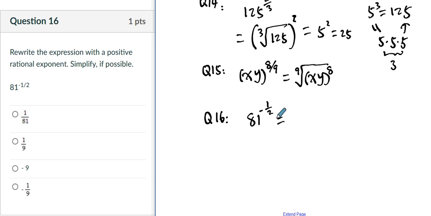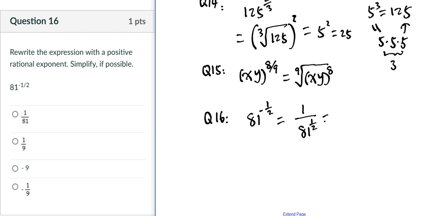Recall, for a negative exponent, the first step to get rid of the negative sign is you put 1 on the numerator. Down on the denominator, you just have a positive exponent. That's the way to do it.